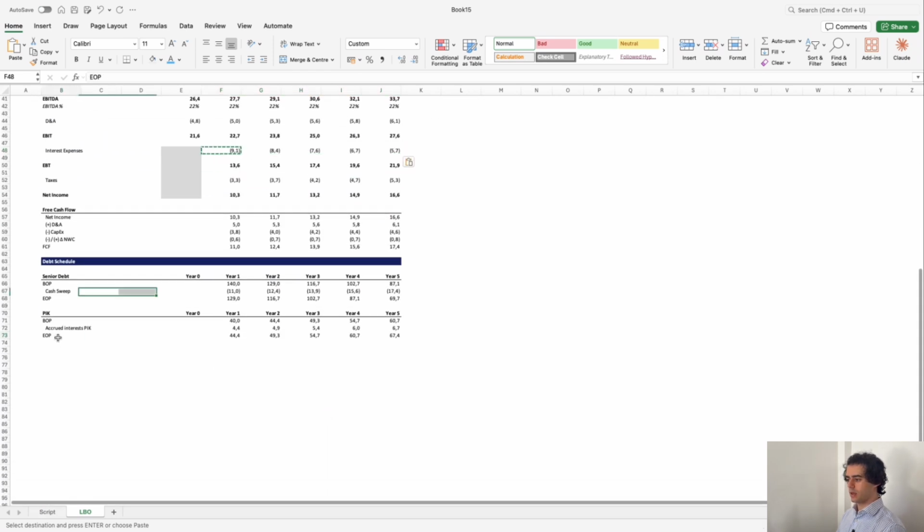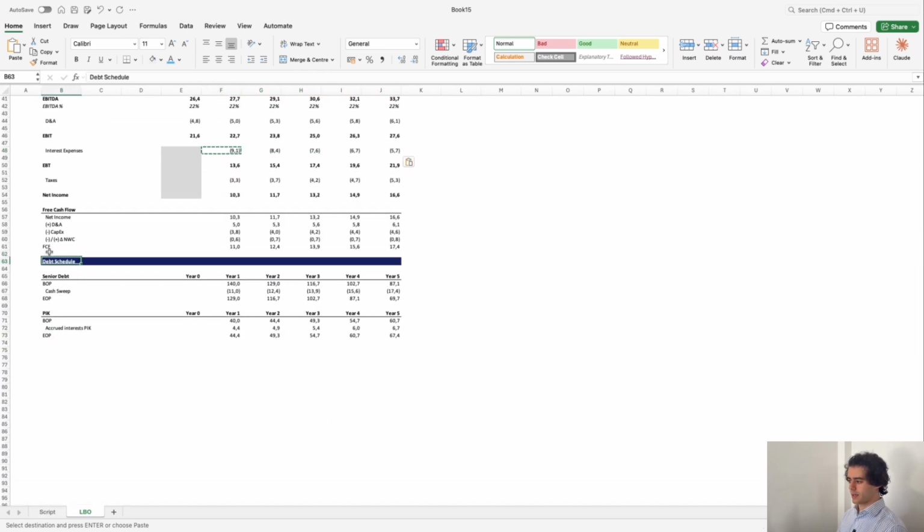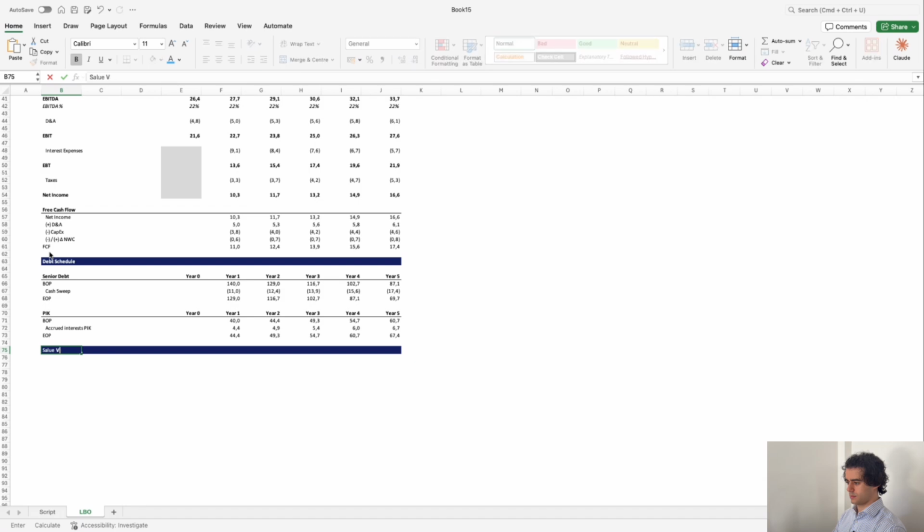Okay. Now that we have everything, we can go for our sale value and exit returns. So we have exit EBITDA, exit multiple, exit enterprise value minus debt plus cash, exit equity value.